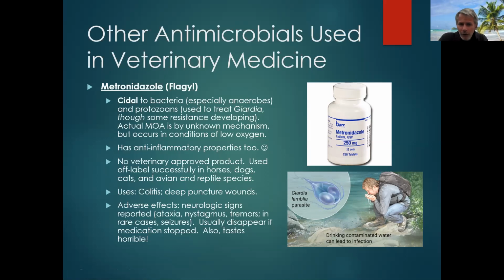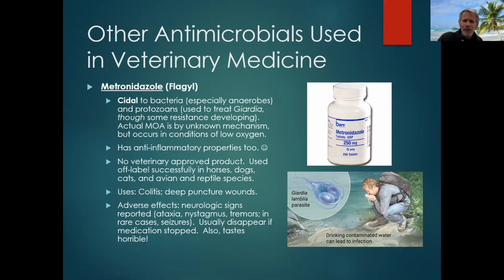Metronidazole, we don't know how it works, but we know that however it works, it works well in conditions of low oxygen, and that's what makes it effective against anaerobes. The really cool thing about metronidazole is it has anti-inflammatory properties. So we use it even if there's no bacterial infection.